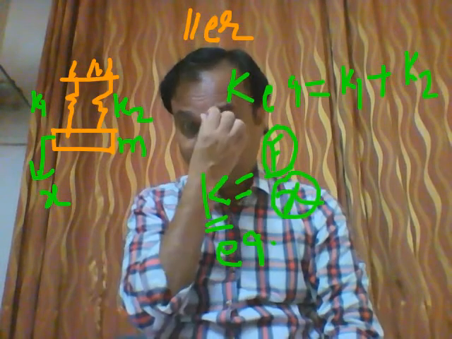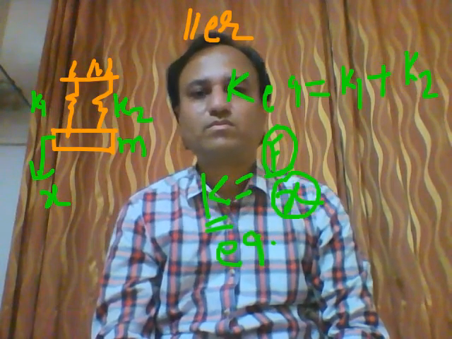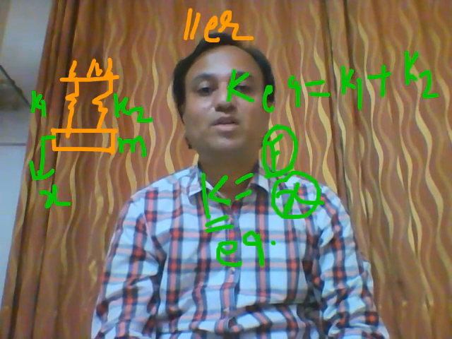Okay students, now I will give you a simple assignment. Let there be three springs, and these three springs are in a parallel combination.